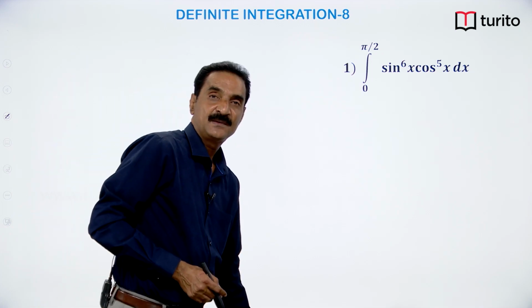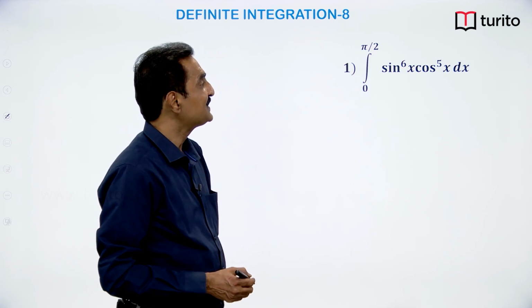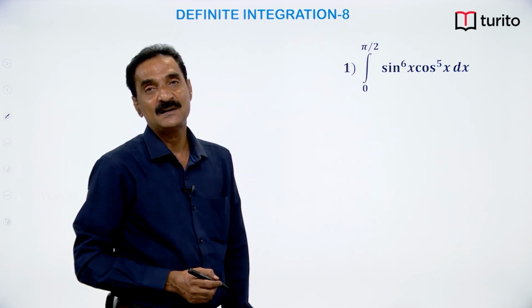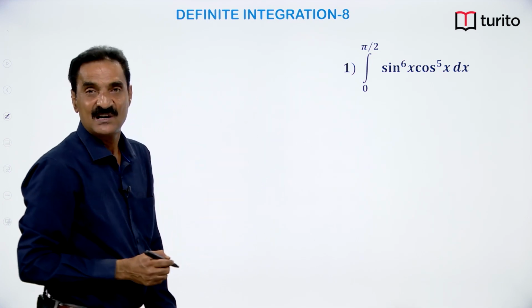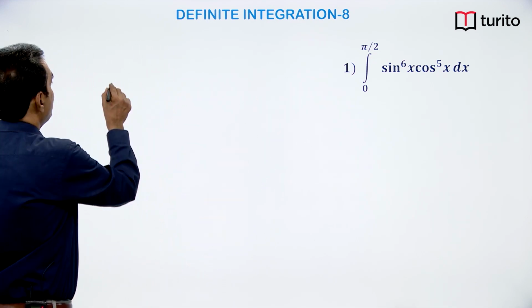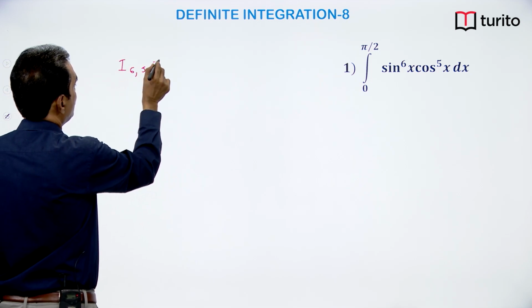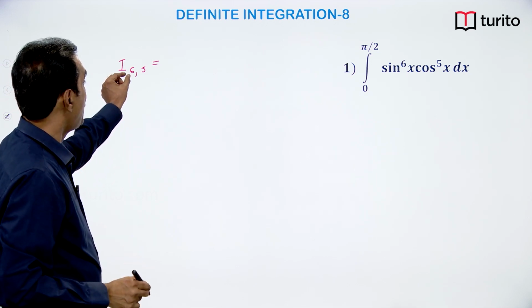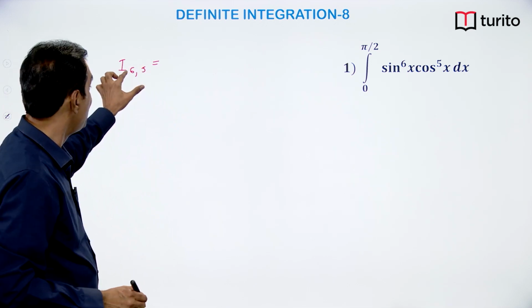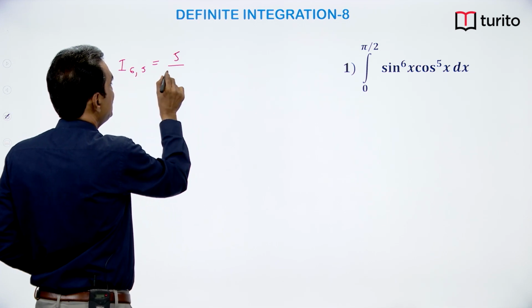First question, integral 0 to pi by 2 sine power 6x into cos power 5x. It is I 6 comma 5. What is the first step? m minus 1 by m plus n. m minus 1 is 5 by m plus n is 11.